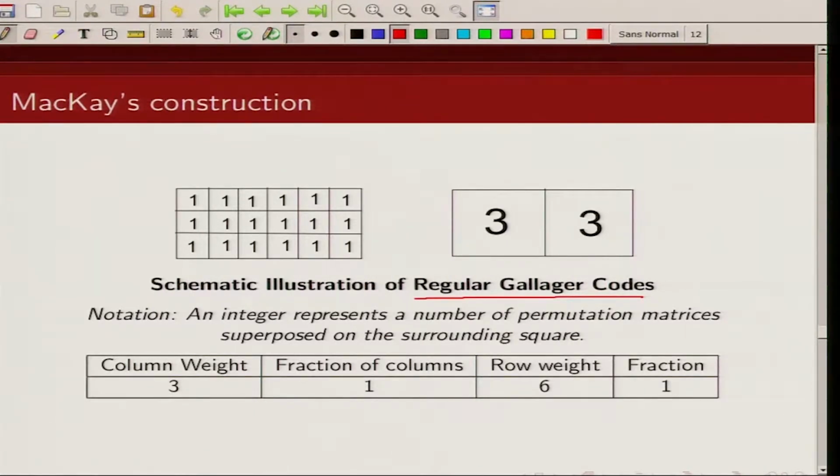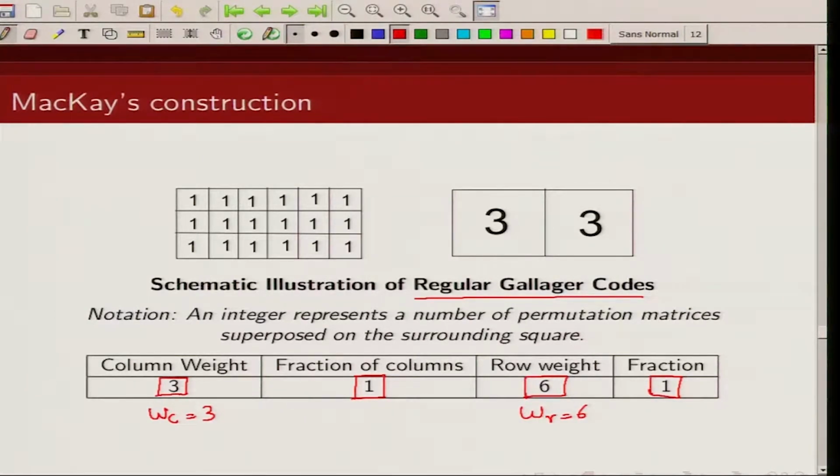This regular LDPC code has column weight WC of 3 and row weight WR of 6. You can see this is a regular LDPC code because all the rows and columns have the same weight.